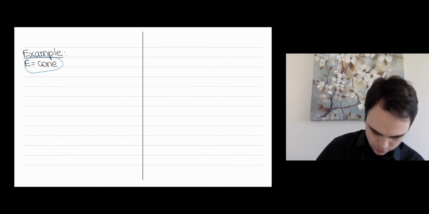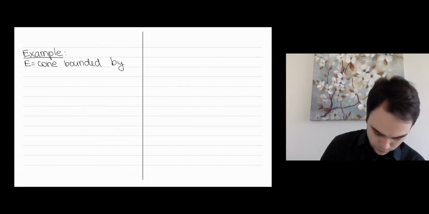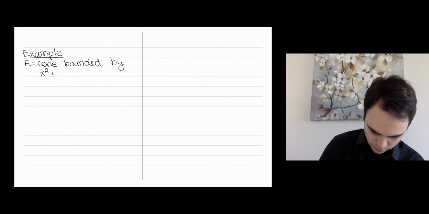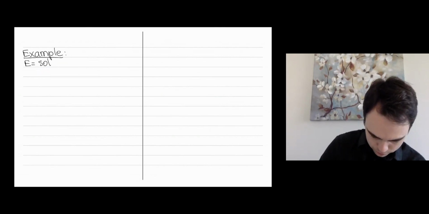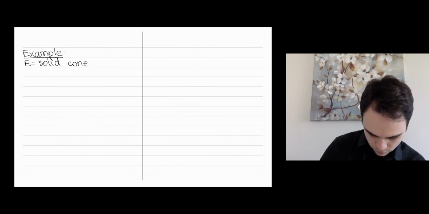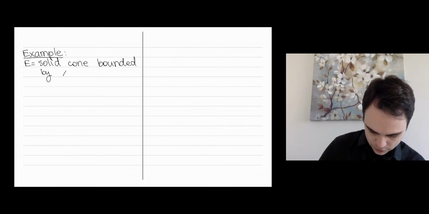So the region of integration, E, is the solid cone. Let me make this distinction, my apologies. So E is going to be the solid cone bounded by the following equations. There are the planes z equals 0 and z equals 1.